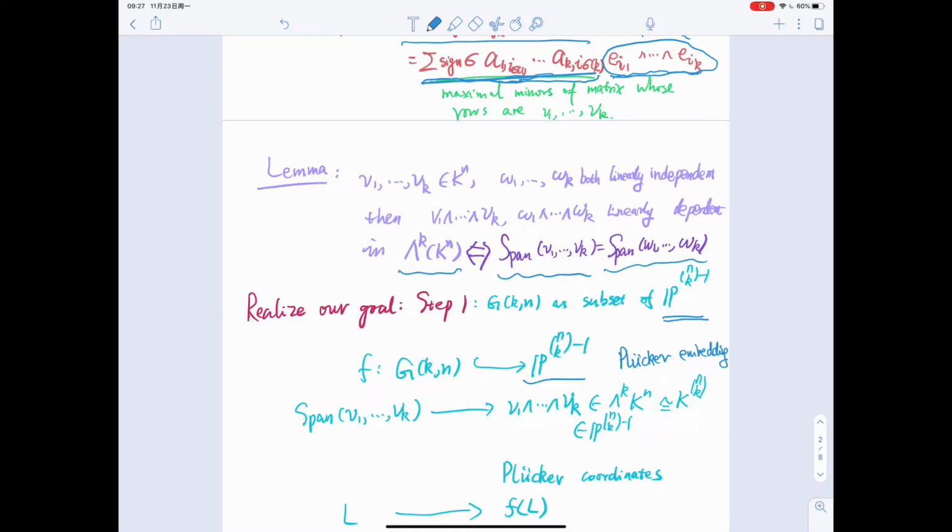It sends an element span(v1, ..., vk) in G(k,n) to this. F is injective and well defined by the previous lemma.